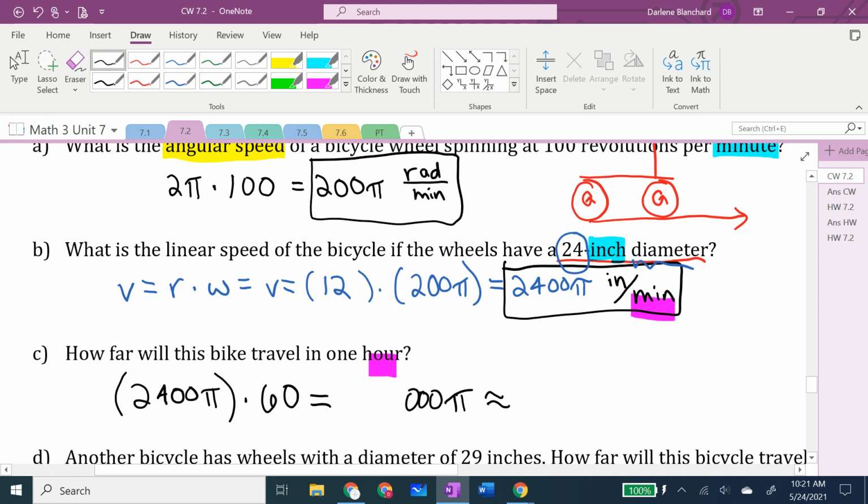You guys? 144,000 pi. 144,000 pi. And then you can also write that in decimal format as well. And what is that in decimal format? Does anyone have it? So just take that number and multiply it by pi.